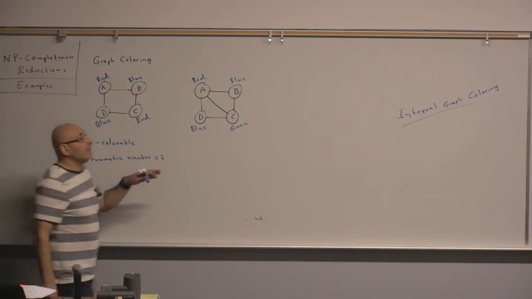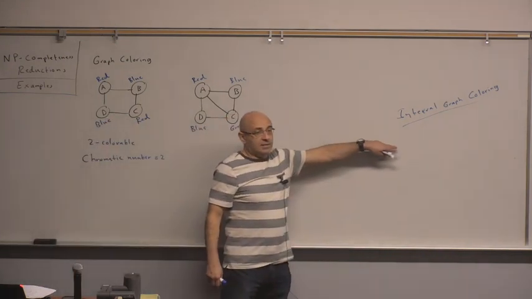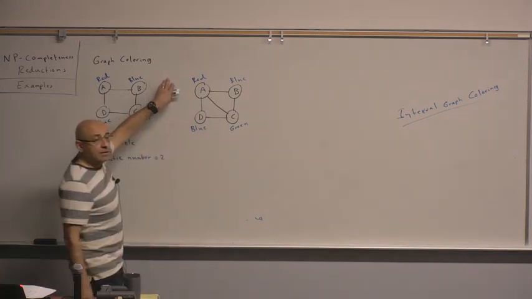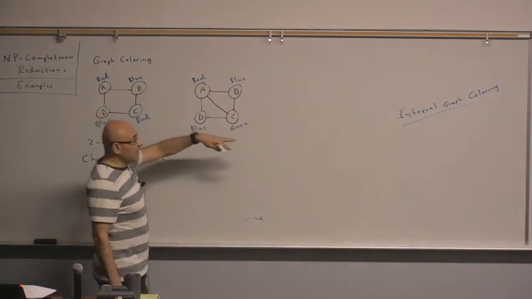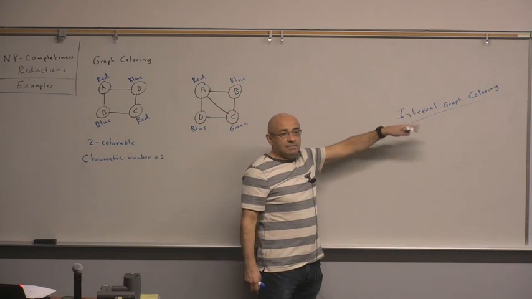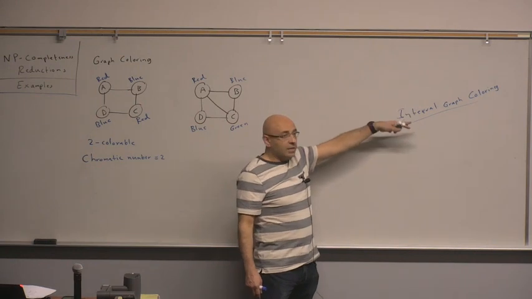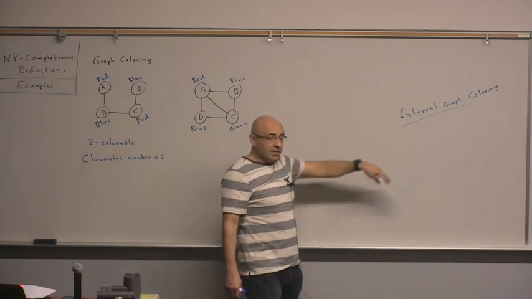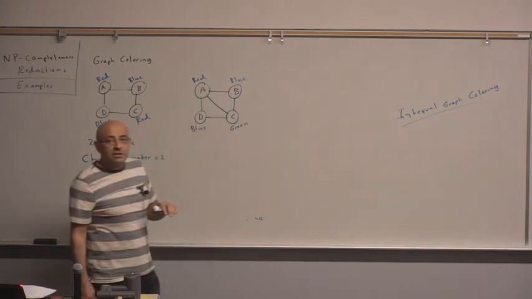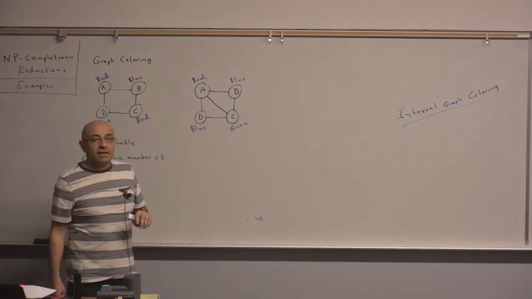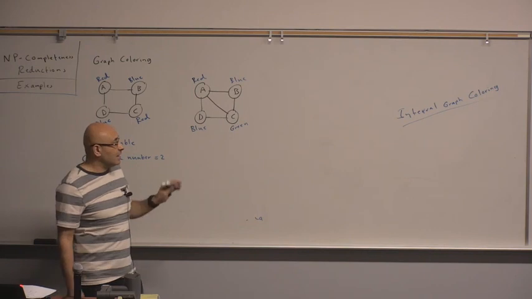So interval graph coloring is a special case of the general graph coloring problem. You can represent an interval graph coloring instance using a graph. And we did that. In fact, when we studied the interval graph coloring problem, we represented it as a graph.